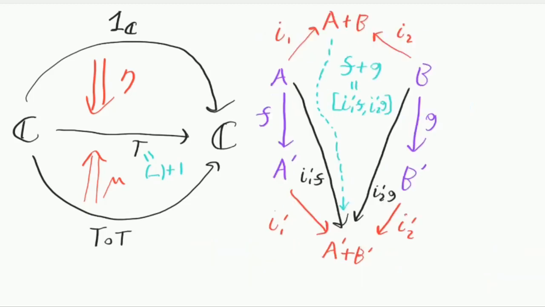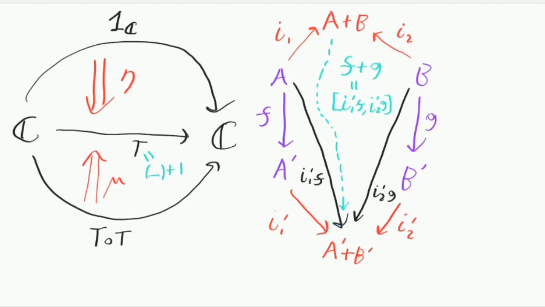So back to the general case then, with a category with coproducts, there's another notion which is going to come in really useful, which is the idea of being able to take the coproduct of arrows. The idea here is that if we have an arrow f from A to A dash, and we have an arrow g from B to B dash, then we can form an arrow f plus g from A plus B to A dash plus B dash.